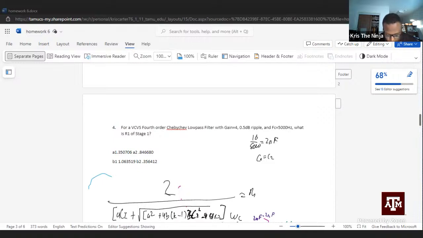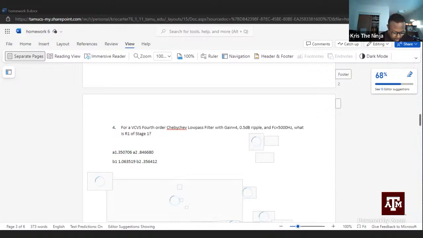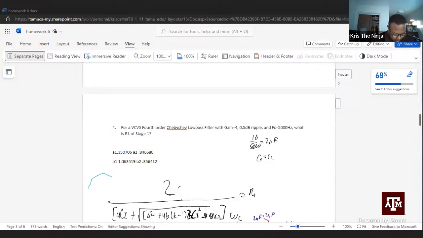And then that, ladies and gentlemen, is multiplied by 5,000 times 2 pi times 5,000 times 2 pi, which gives us 6.062 times 10 to the minus fifth. And we get R1 equals 32.9K.